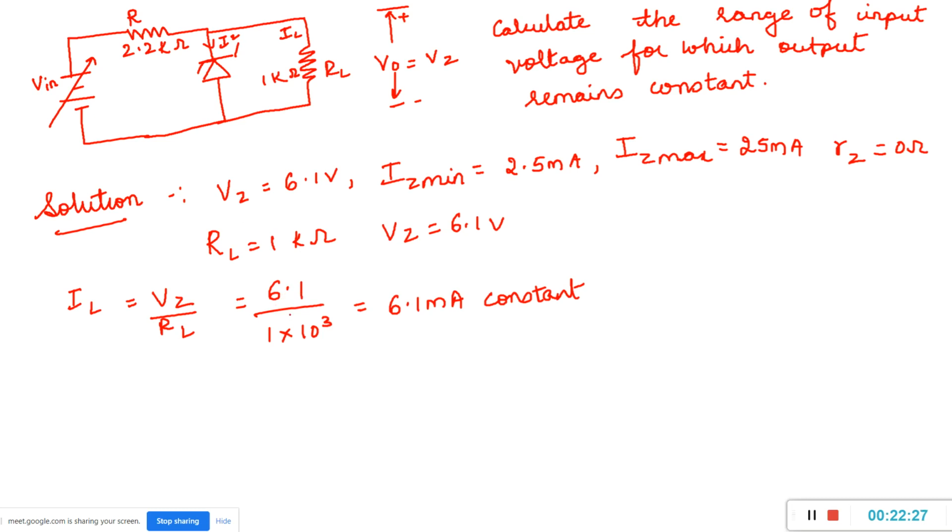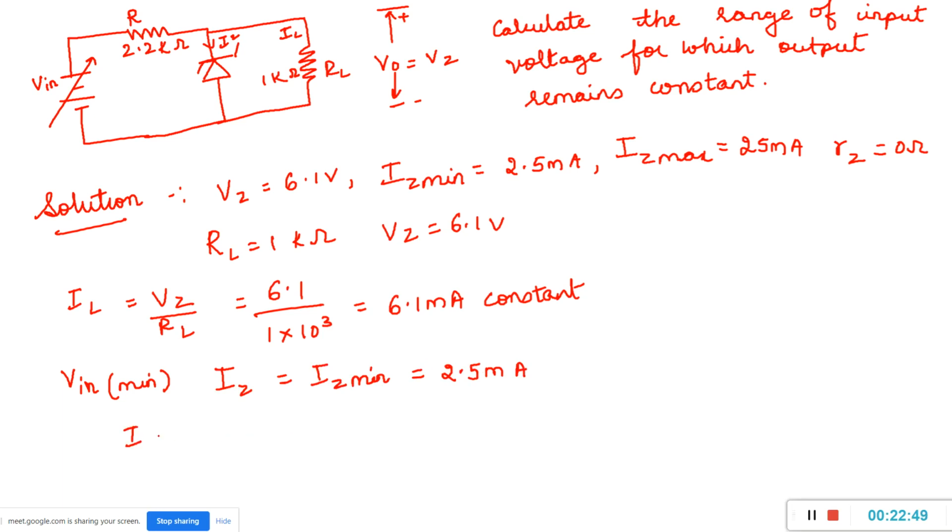So IL we have calculated. So next for Vin minimum, Iz is equal to Iz min. Iz min is given, right? 2.5 milliamps.